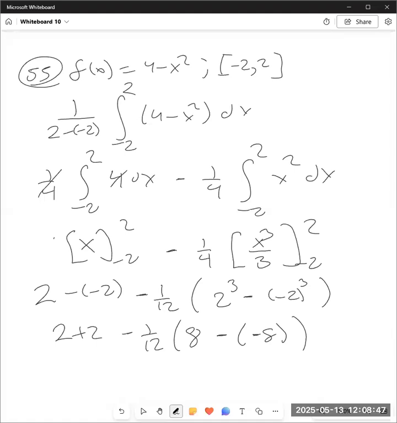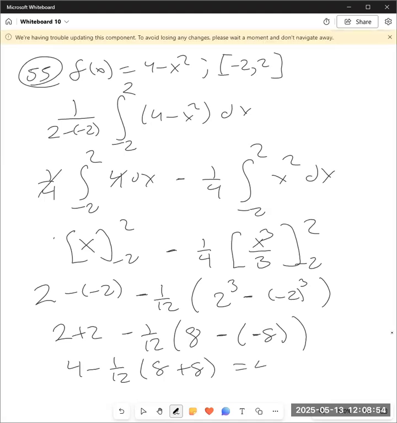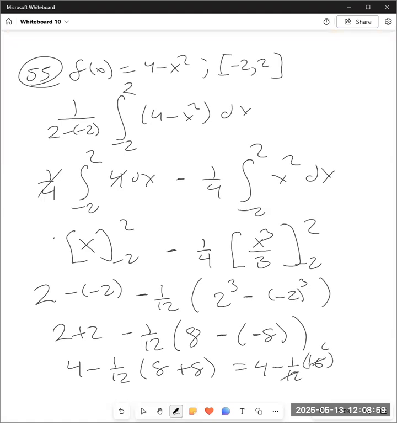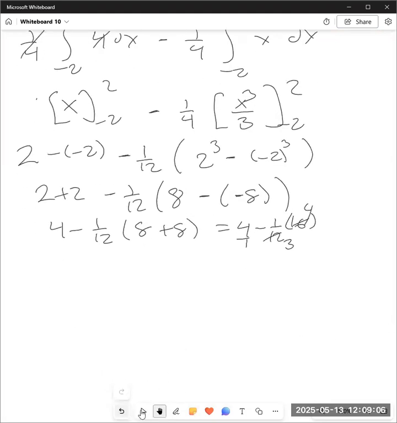So that's 4 minus a 12th of 8 plus 8, which is 4 minus a 12th of 16. That's 4 and 3. So that's going to give me 12 over 3 minus 4 over 3. When I make a common denominator, it's going to give me 8 over 3 for my average value of my function.